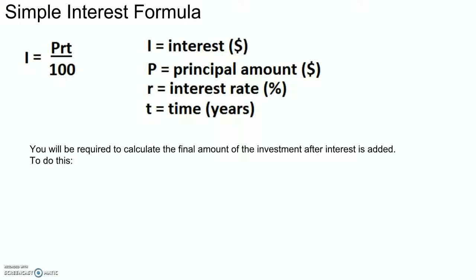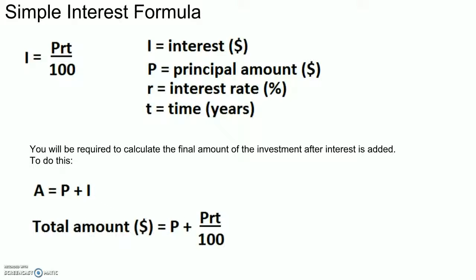And you're going to also be required to find the final amount of the investment after interest has been applied. So all you need to do for your final amount, which is A, you just have to add your principal amount, so your starting amount, plus your interest together to give you that final amount. So it's just your P plus whatever you get from your interest formula.